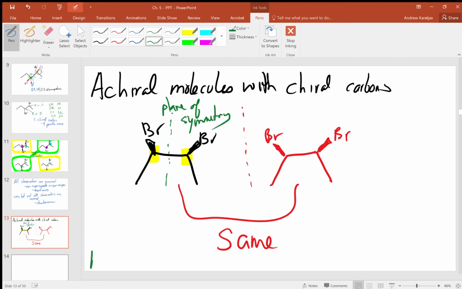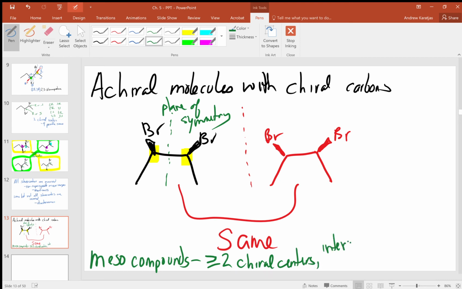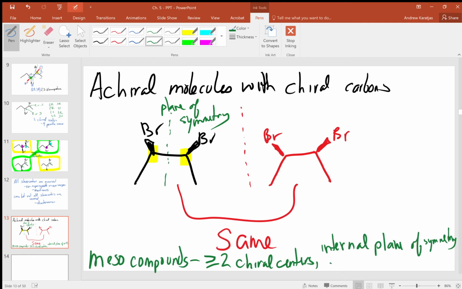And so compounds like this are known as meso compounds. A meso compound has at least 2 chiral centers, has an internal plane of symmetry, and is therefore achiral.